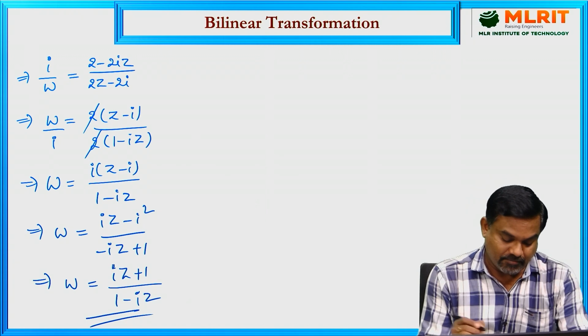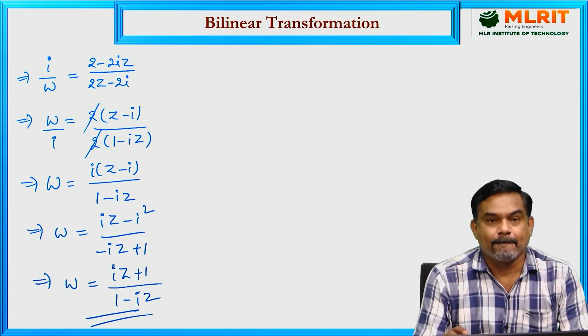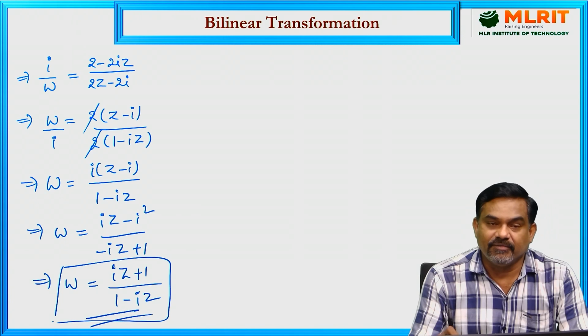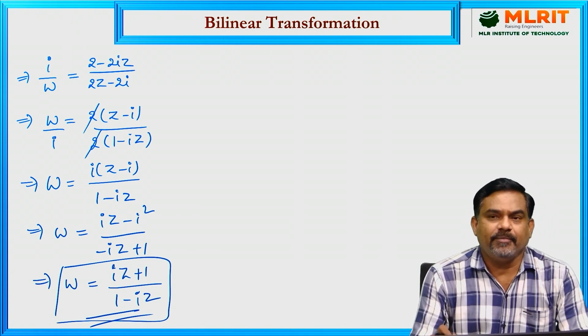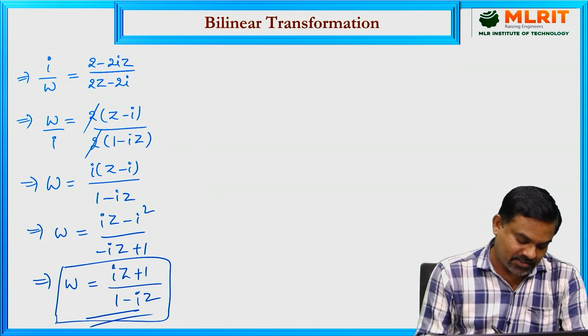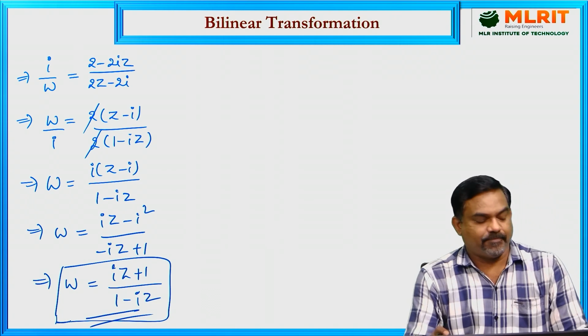So w = (iz + 1)/(1 − iz). So this is the bilinear transformation of the given points. So using the cross ratio property and componendo and dividendo property if necessary, we can find this bilinear transformation.